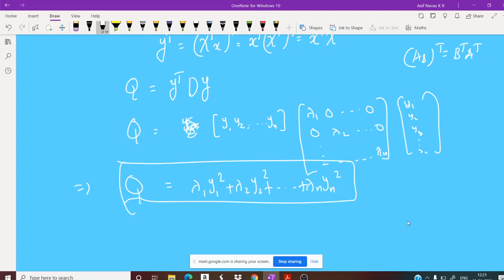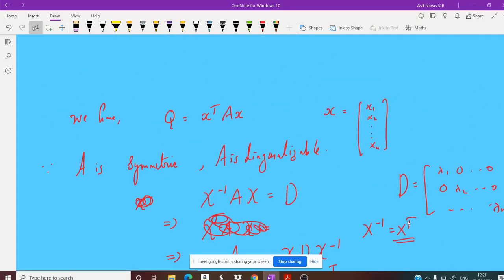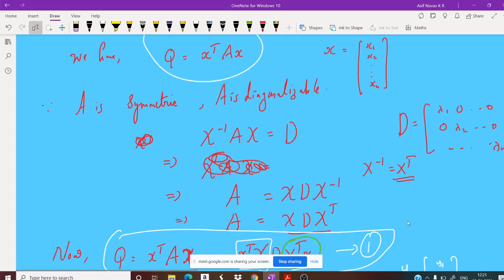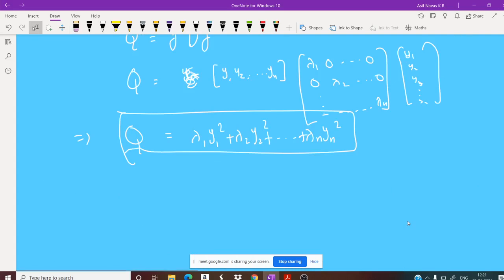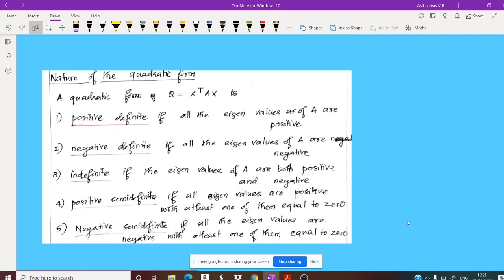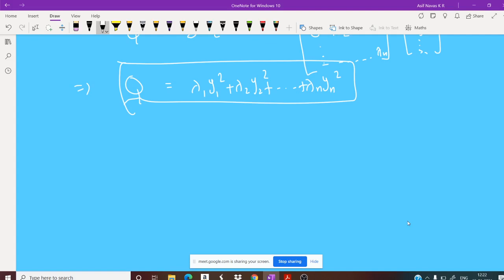So now our x transpose Ax actually changes into this form, right? Now tell me, when is Q positive definite, Q greater than 0?